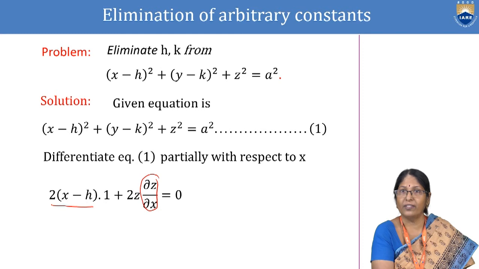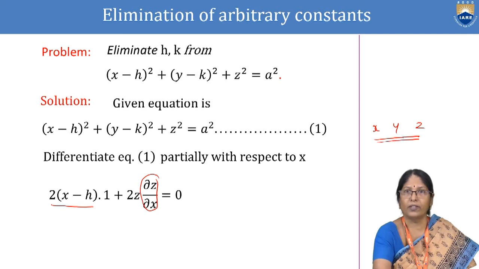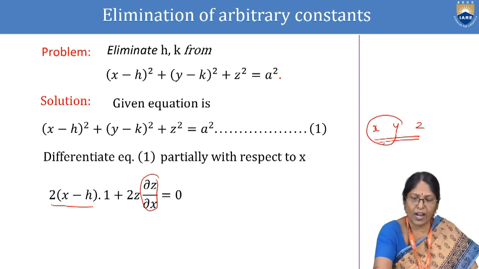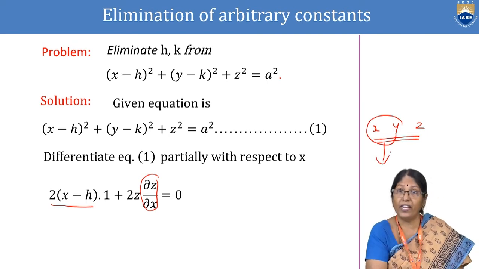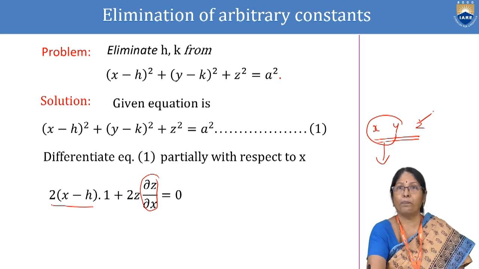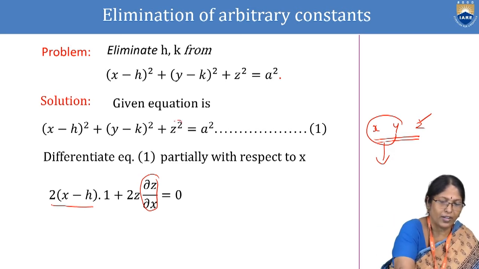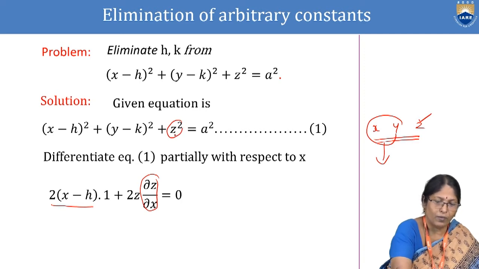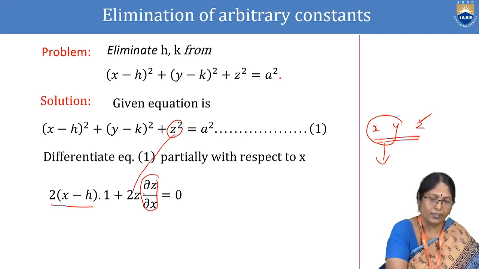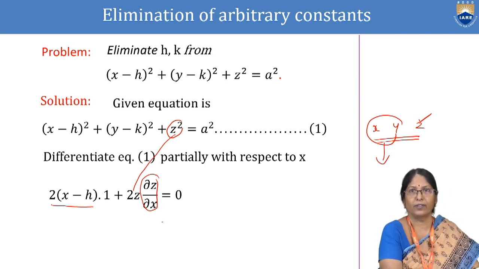The reason is x, y, z, the three variables. In today's lecture, x and y are playing the role of independent variables, whereas z is playing the role of dependent variable. That is the reason here z square is there, 2z, and the z differentiation is dou z by dou x.